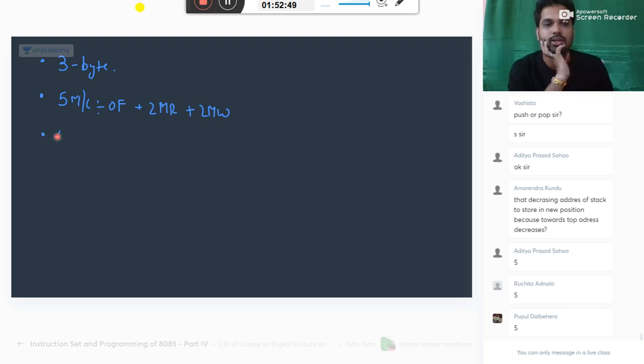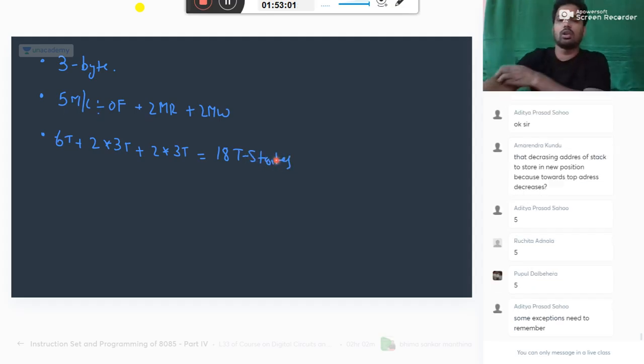So here 6T plus 2 into 3T plus 2 into 3T, that is 18 T states. This is the longest instruction in your 8085 with respect to duration.